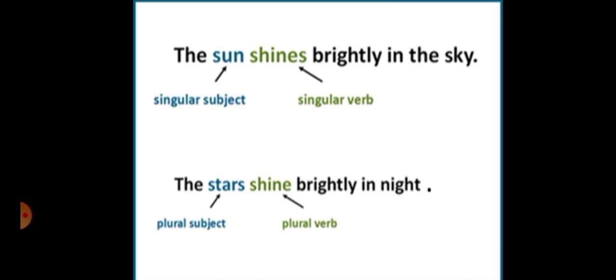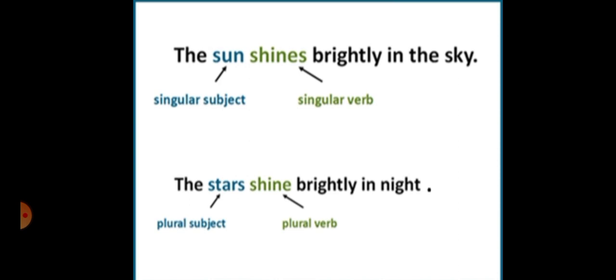In this sentence, sun is a singular subject and the sentence is written in simple present tense. And the verb here is shines. The first form of the verb is shine, and we have added s to that because our subject sun is singular. So, with a singular subject, a singular verb is used.